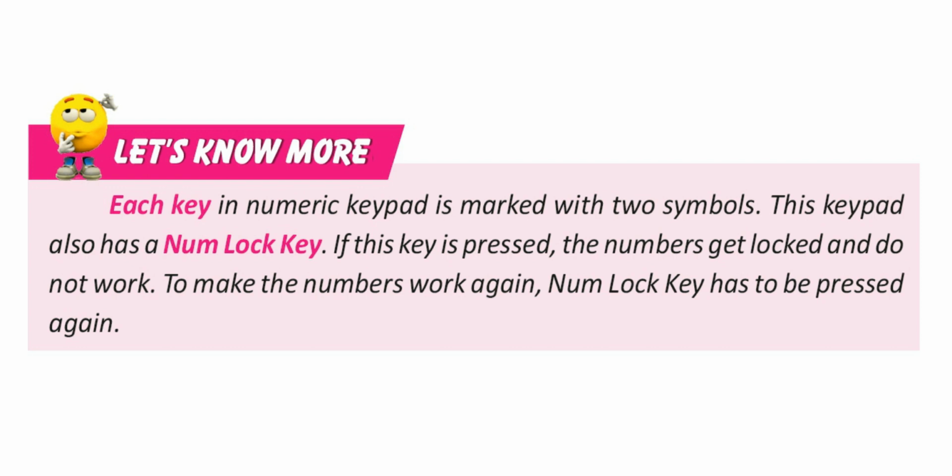Let's know more. Each key in numeric keypad is marked with 2 symbols, which also has a numlock key. If this key is pressed, the numbers get locked and do not work. To make the numbers work again, numlock key has to be pressed again.